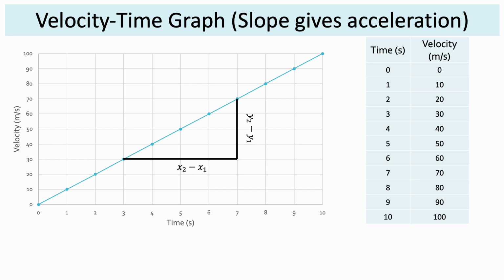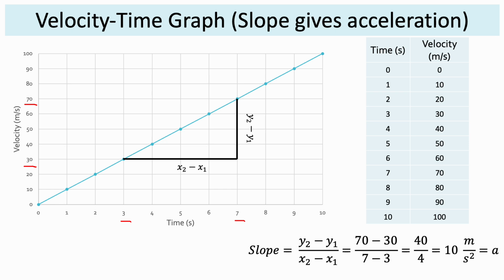So, to calculate slope, we need y2, y1, x2 and x1. y2 is 70, y1 is 30, x2 is 7 and x1 is 3. So slope is y2 minus y1 divided by x2 minus x1, 70 minus 30 divided by 7 minus 3.